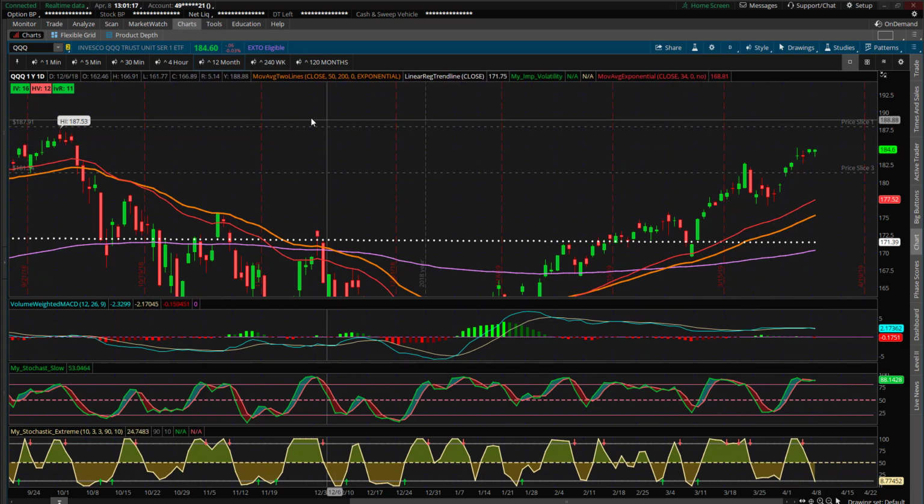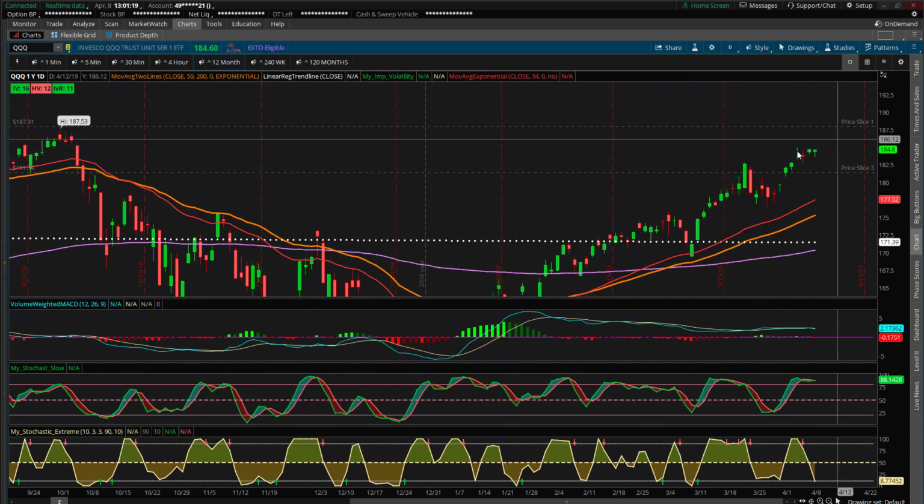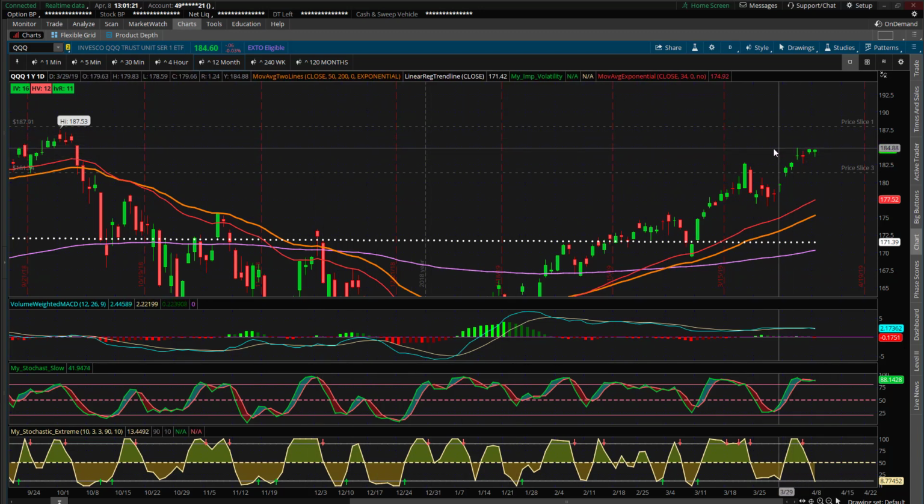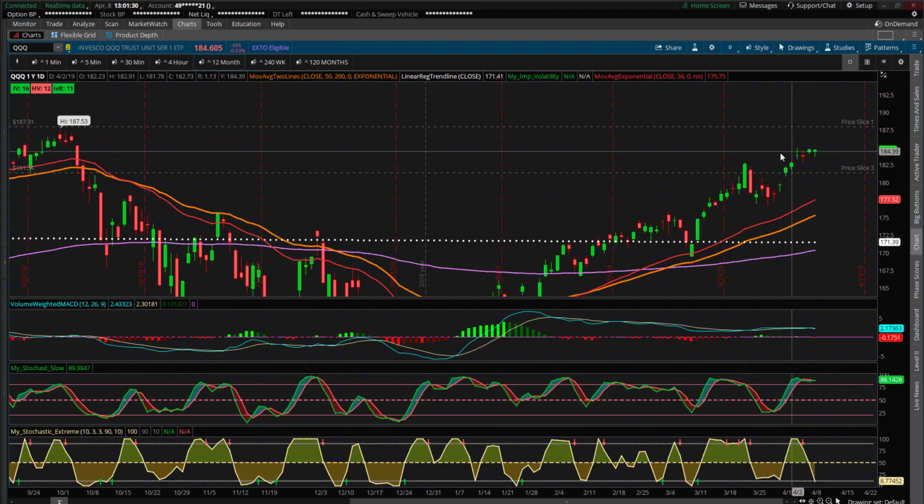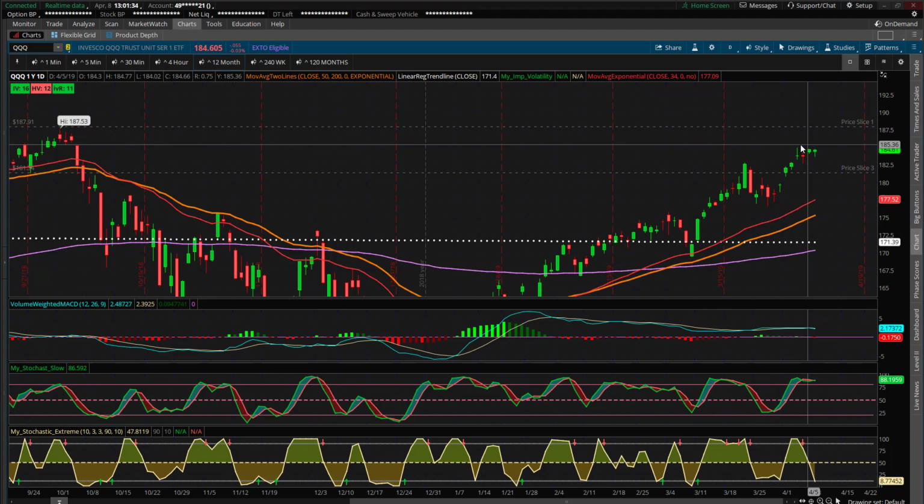When looking to put on weekly trades, the list of trade strategies is more limited because our risks in those short-term trades are greatly exaggerated because of gamma. That's something we've got to keep in mind.